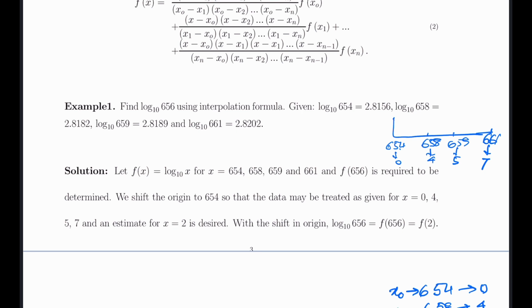This is okay. So we have to find the value of log 656 to the base 10. So 656 becomes 2 here. So this value has to be determined. We have done this only to simplify the mathematical calculation and nothing else.